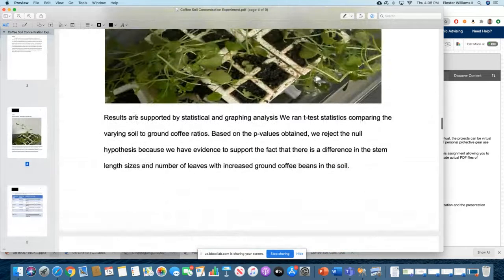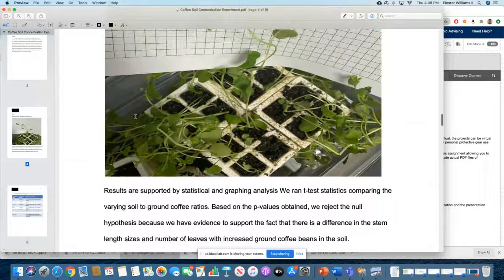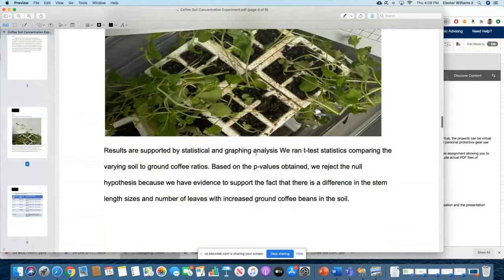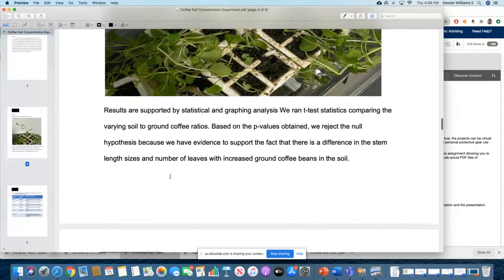And here it looks like they measured stem length sizes, so height and number of leaves.